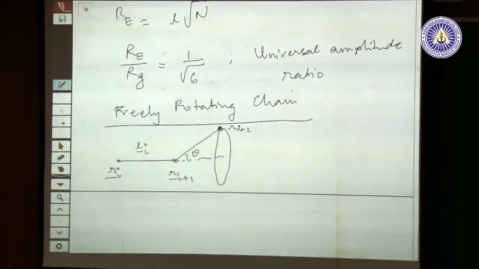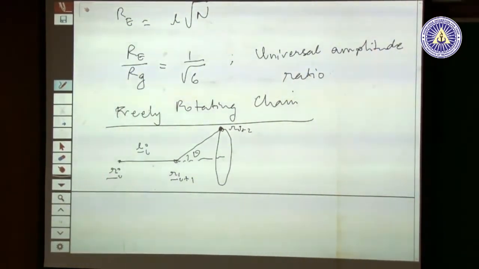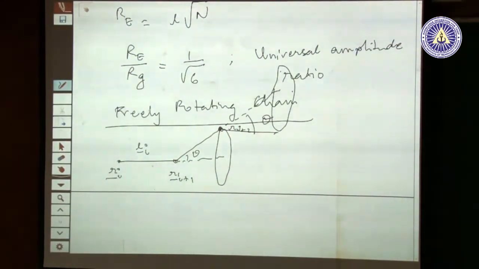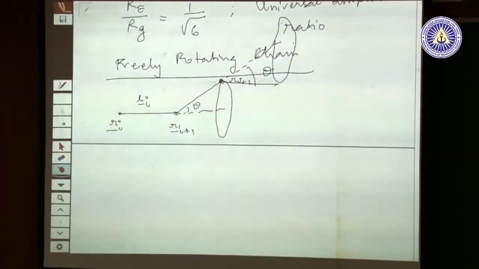That is fixed, but once you fix theta, it can rotate about this fixed angle. So it could be anywhere here. The next bond, for instance, that's supposed to be a dashed line, is the continuation of where the previous bond is, but this one could be at an angle theta from there. So it can rotate about an angle theta and so on, and that is the general configuration of a freely rotating chain. And so we want to study the properties of this freely rotating chain.